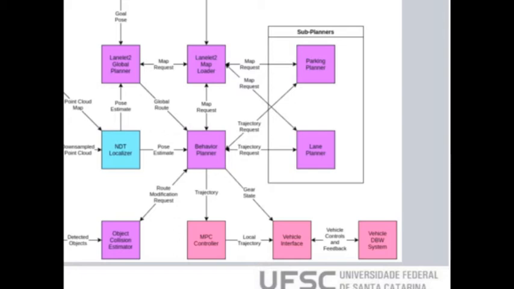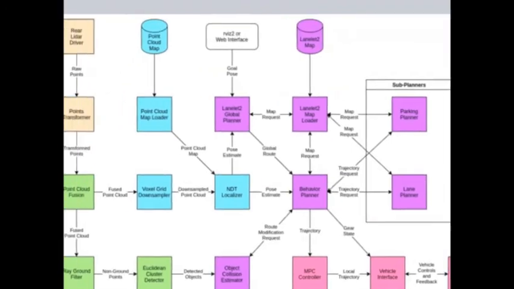And then the object collision estimator says if there is an obstacle or not. Then the behavior planner decides which planner to use and which command to send to the MPC controller. The MPC sends the commands to the vehicle, and the vehicle moves. So we have the mission planning and the sub planners here.